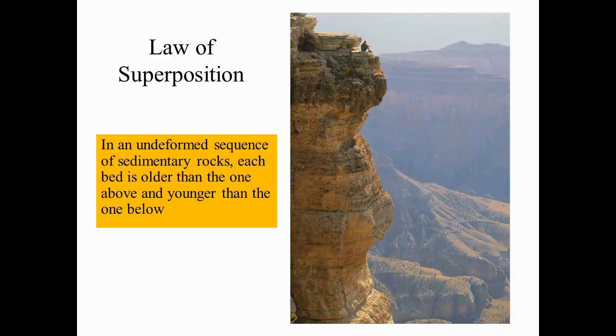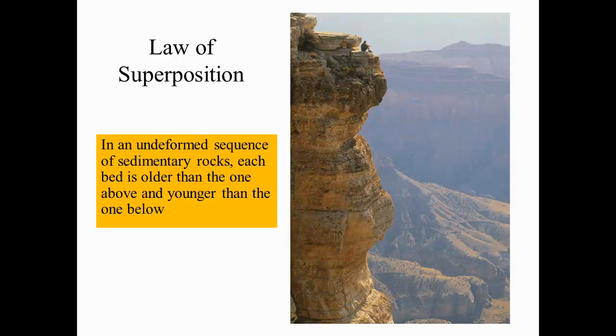Now, within an undeformed sequence of sedimentary rocks, according to superposition, each bed is older than the one above and younger than the one below. This was a principle originally defined by a person by the name of Nicholas Steno back in 1669.